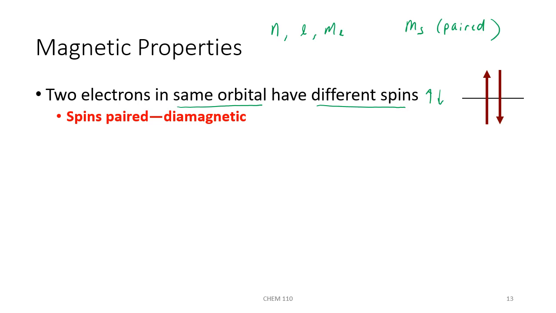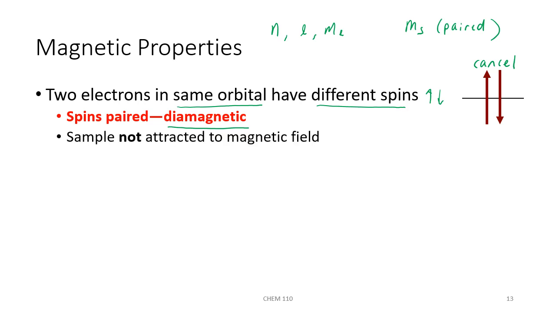You can think about it like the north pole of one electron magnet is opposite the south pole of another. Therefore, their magnetic effects cancel. So when they cancel, we say that the sample is diamagnetic. It's not attracted to a magnetic field. In fact, diamagnetic samples are actually weakly repelled by a magnet.